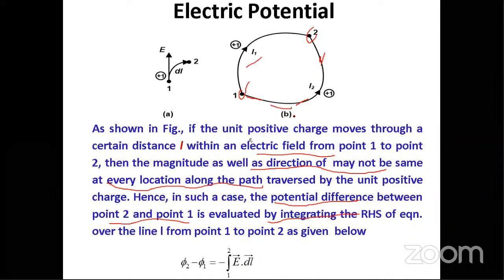But in the actual case, if I want to find out the potential difference between 1 and 2, which are apart from each other by L, then you have to integrate this right hand side from 1 to 2. Okay.